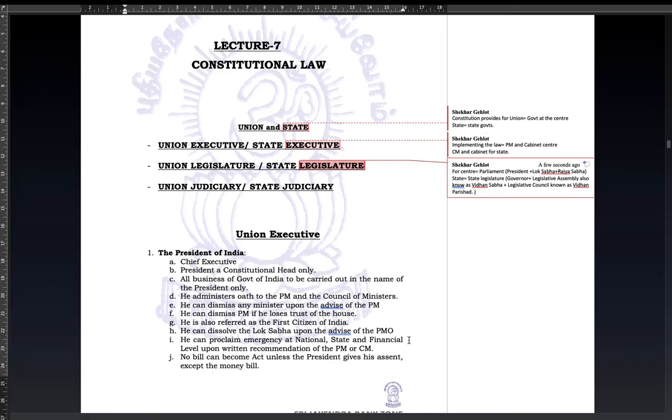Usually in other states we do not have any; we only have the governor plus the legislative assembly, that is Vidhan Sabha, but in some states we have Vidhan Parishad as well.